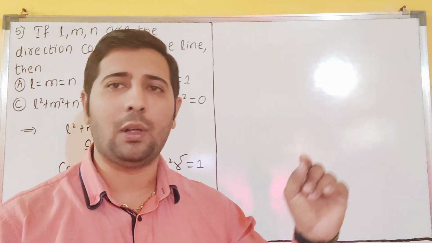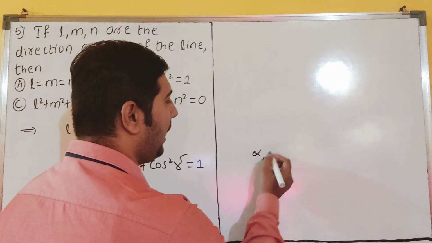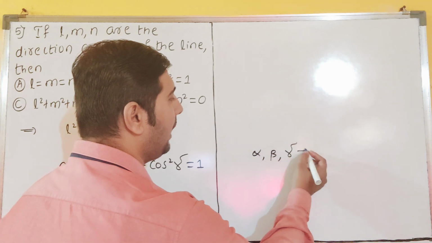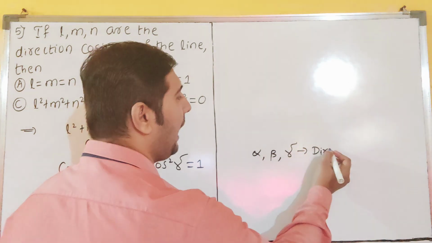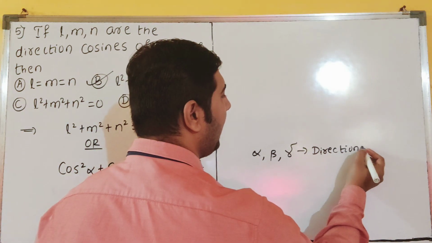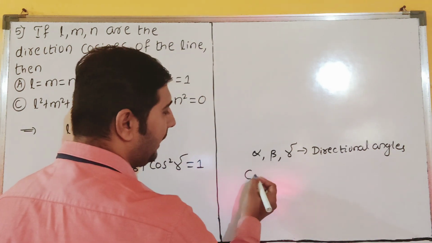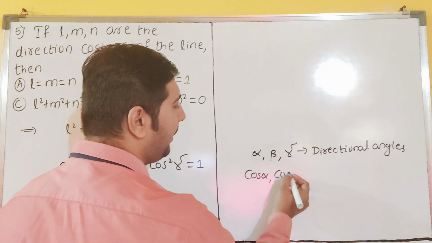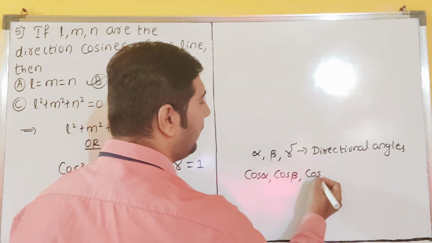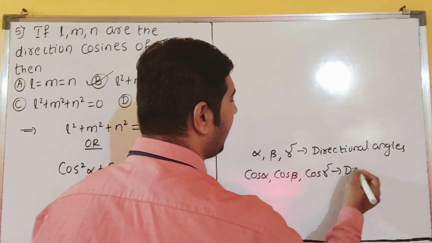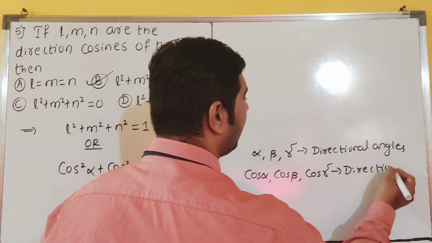See here, alpha, beta, gamma are nothing but directional angles. When you apply cos to these, cos alpha, cos beta, cos gamma, then these become direction cosines, dear students.